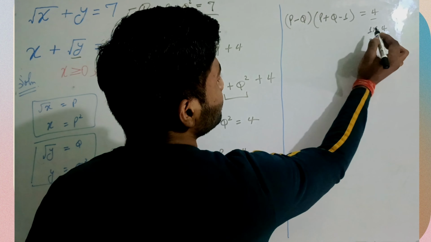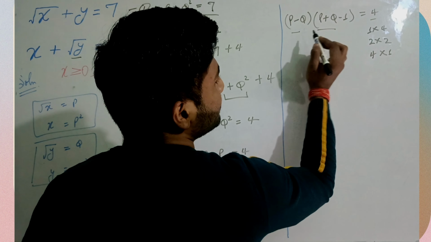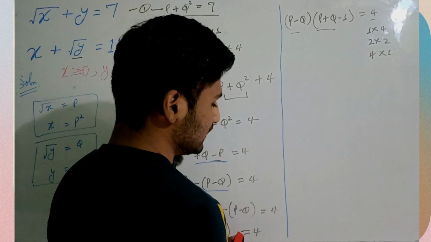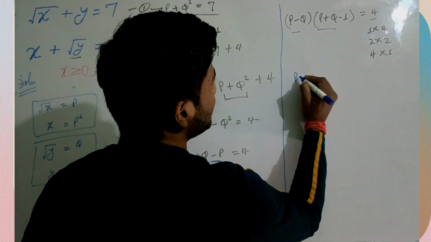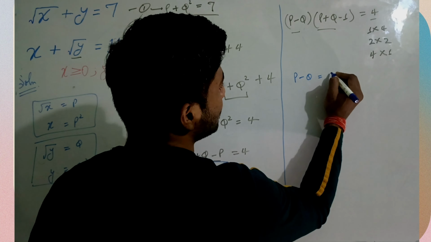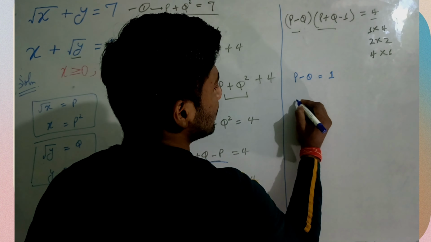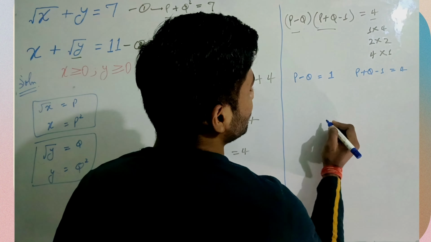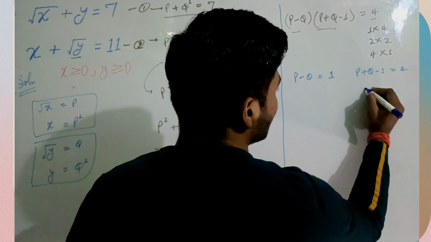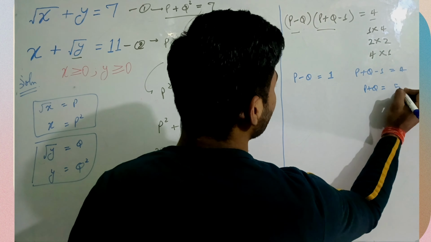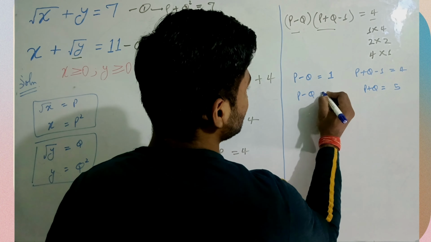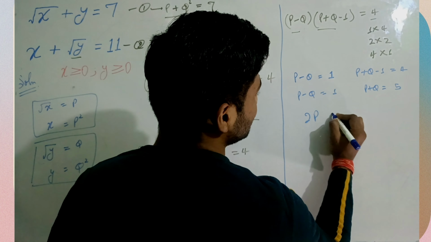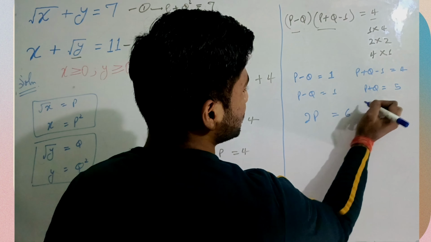So let's assume this form a dot b as 1, 4. So we get p minus q is equal to 1 and p plus q minus 1 is equal to 4. So from here p plus q is equal to 5 and p minus q is equal to 1. So adding both we get 2p is equal to 6, here q and q cancel out.